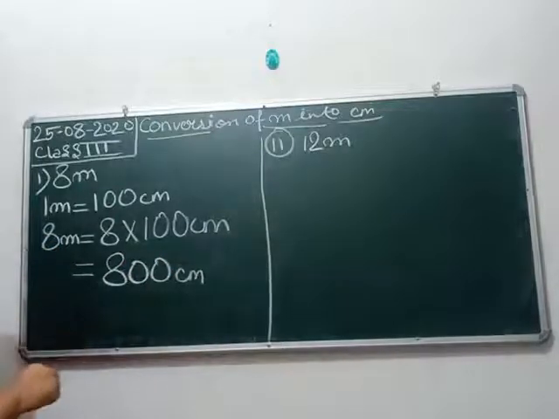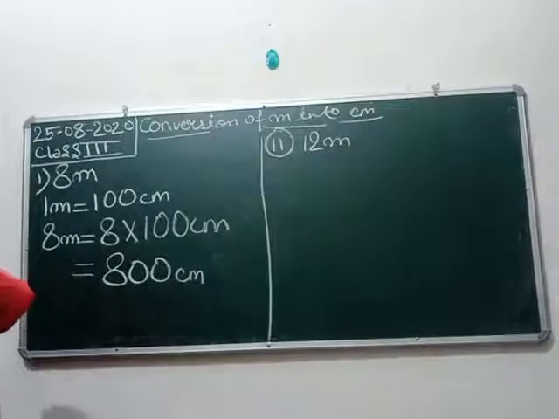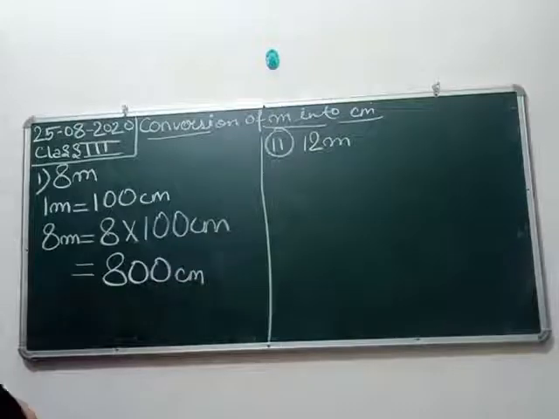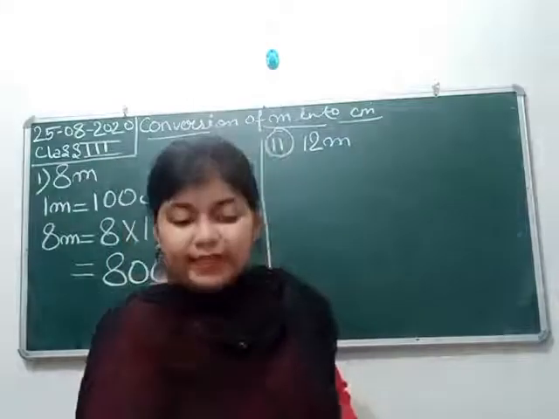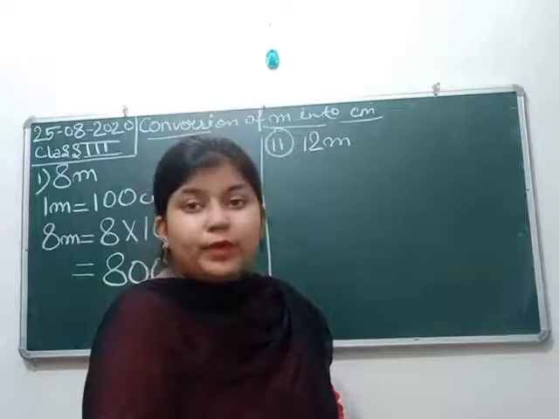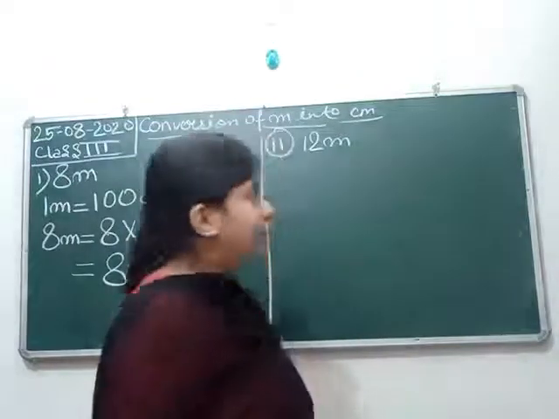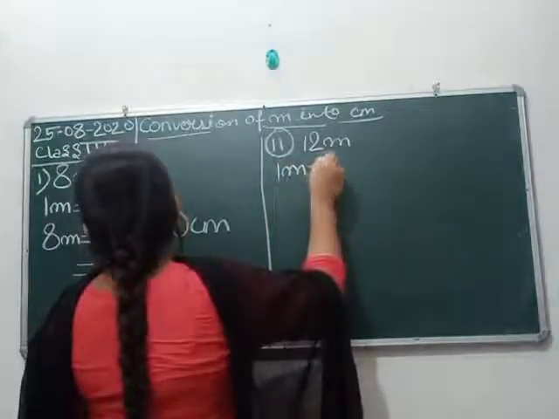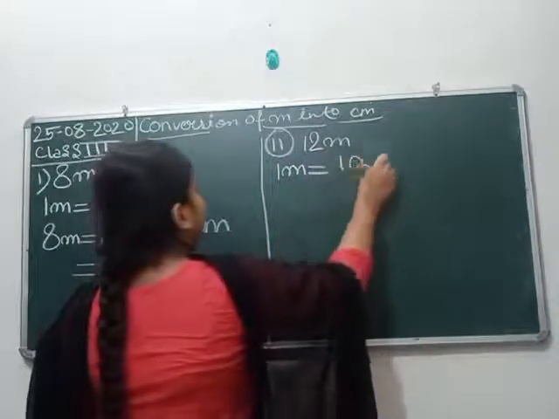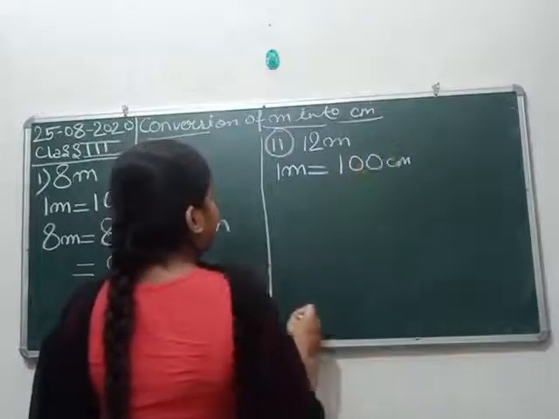Next is 12 meter. Again the first line will remain the same. First line, that means 1 meter equals 100 centimeter, that will remain the same. See, 1 meter is equal to 100 centimeter.